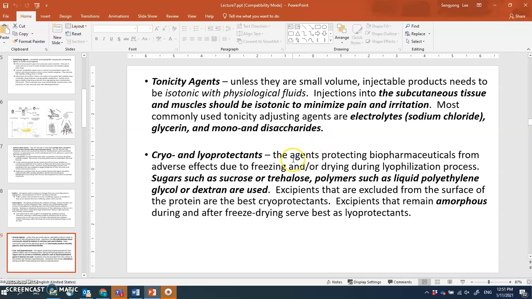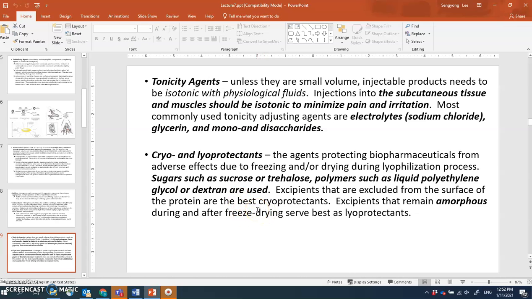Makes sense? And then I talked about cryoprotectants and lyoprotectants. Cryo is against freezing; lyo is against drying. So if you have to freeze dry your drug, you may have to add these. Normally sugars like sucrose, trehalose, or polymers, which are polymers of sugars, and liquid polyethylene glycol or dextran are used as cryo- and lyoprotectants.